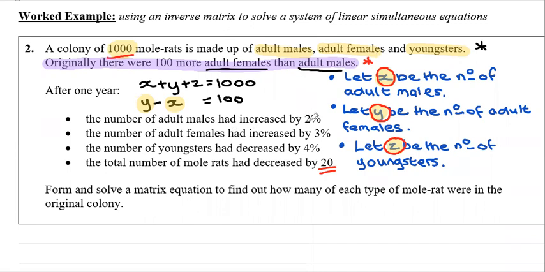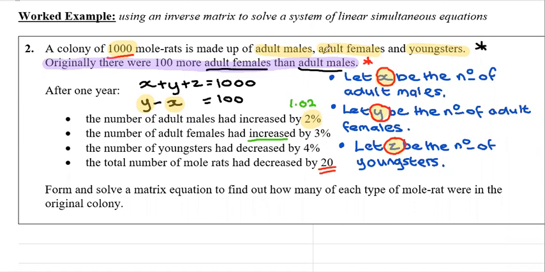So the number of adult males has increased by 2%. So this is going to ask you to write down a multiplier for 2%, just harking back to your GCSE days. So that's going to be 1.02 increase. We have another increase here of 3%. This is going to be 1.03.